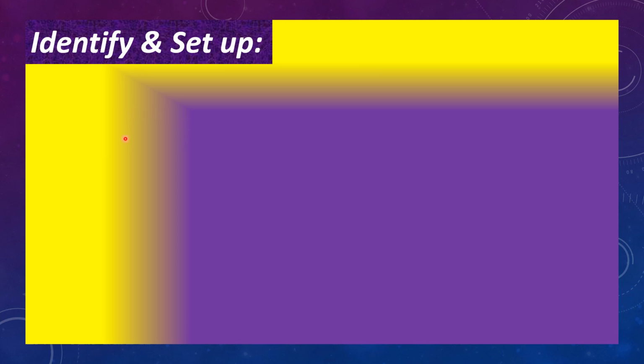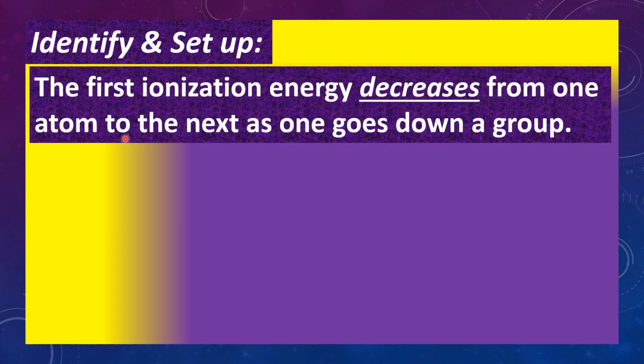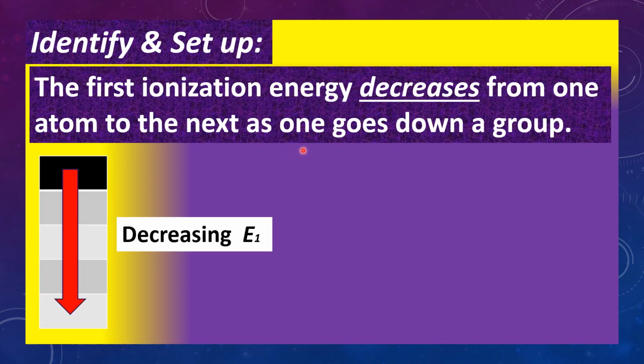Now, for elements belonging to the same group or family, we have this trend. The first ionization energy decreases from one atom to the next as one goes down a group or a family.